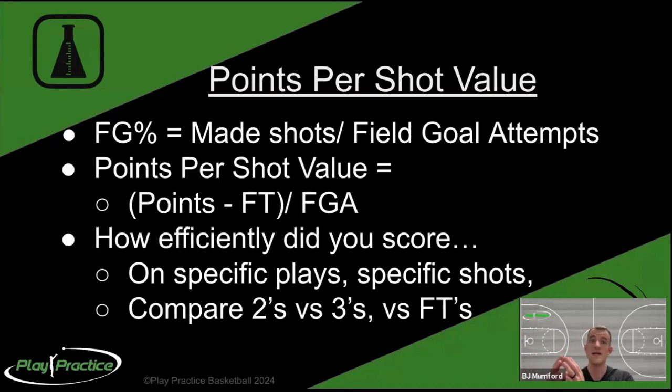So free throws, we just take 2 free throws as a chunk and calculate that because it's the equivalent of a 2-point shot. And so if you score 50% on your free throws, because they're worth 1 point each time you make it, you're still going to average 1 point for every 2 shots at the free throw line you take.